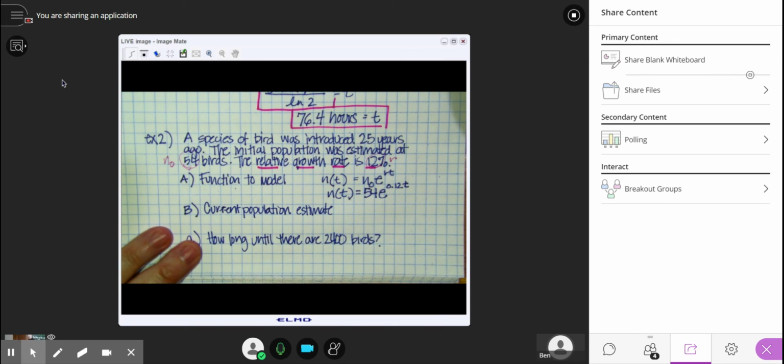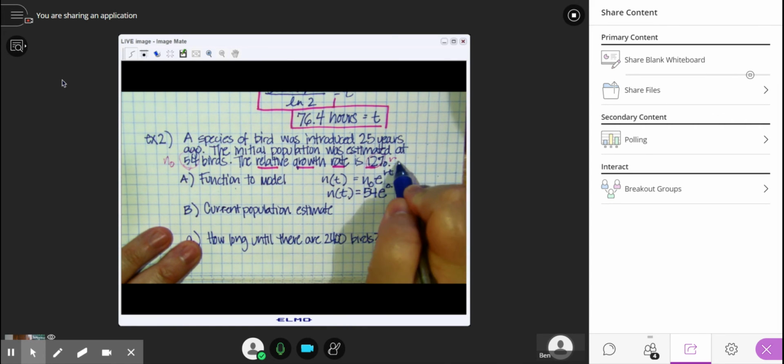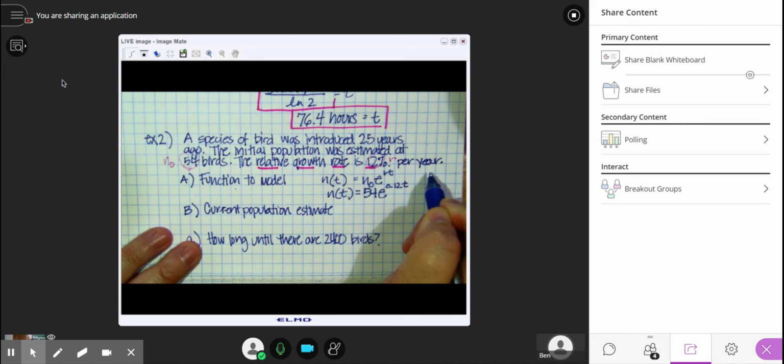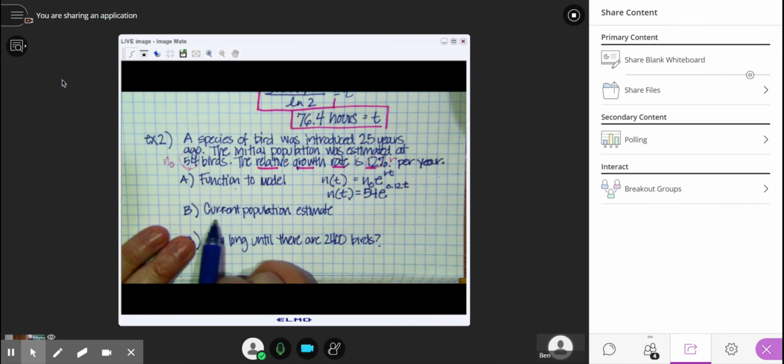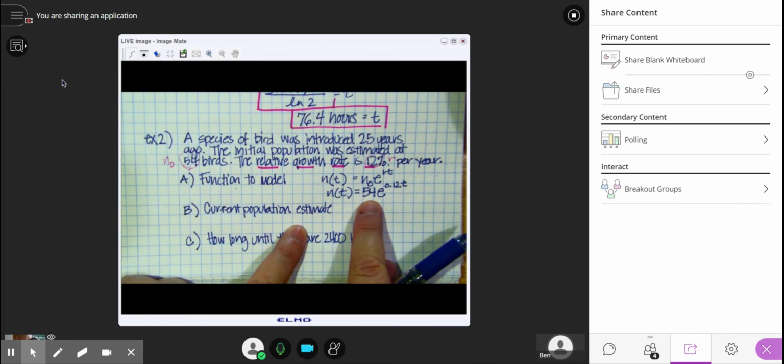Okay? Now, I should add this. This should say 12%, and maybe I just didn't write it. That should tell you the condition of time, right? 12% per year. If it doesn't, assume we're talking about years. I should have mentioned that. Okay. So our current population estimate. Well, how many years have passed since there were 54?